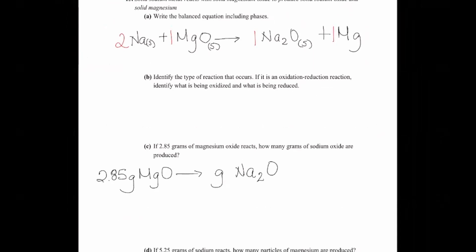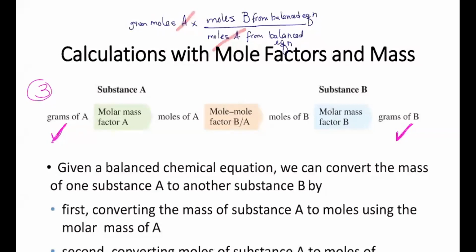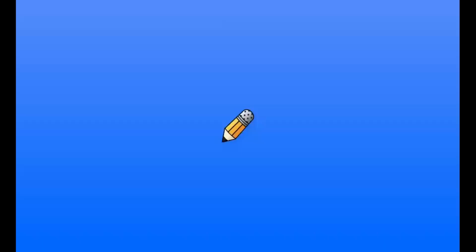Okay? So if I go back to the flow chart that I need for chemical reactions, I'm given grams of one substance and I want grams of another substance. How many conversion factors do I need? Let's put it in the chat. Love to see those 3s. Okay? I need molar mass, mole to mole factor, molar mass. So let me write it in the problem.